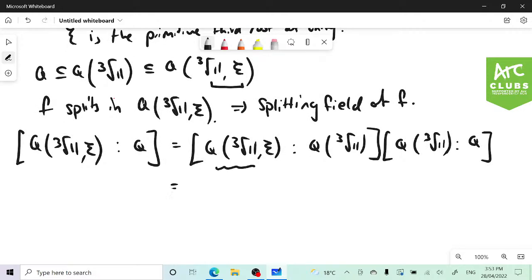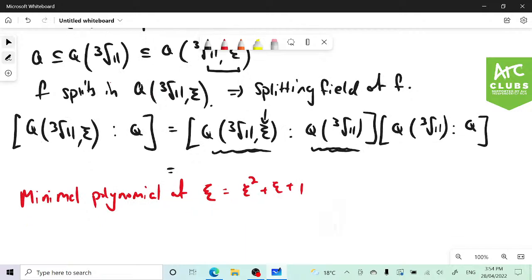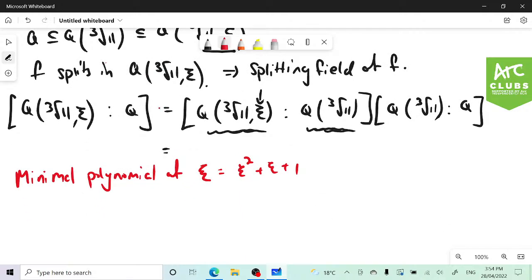The minimal polynomial of this element over this field, the coefficients actually come from the minimal polynomial of this. So the minimal polynomial of this element here is precisely going to be this, because it's the third root of unity and it's not equal to 1.